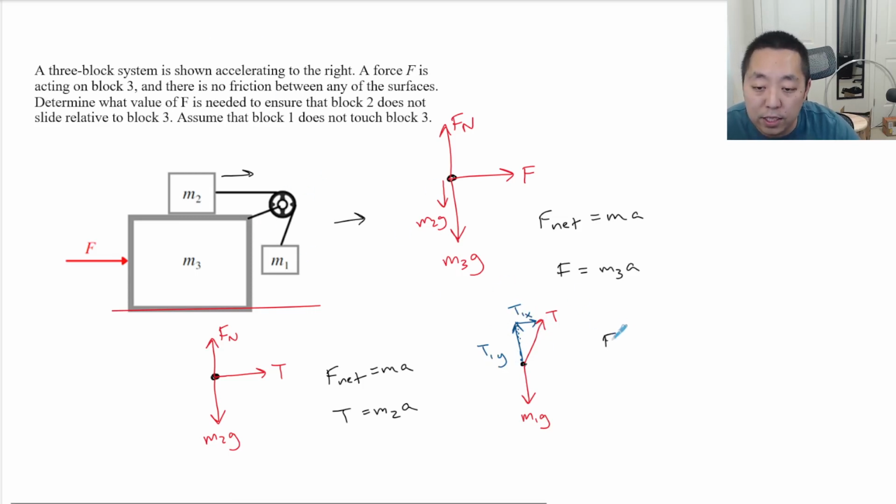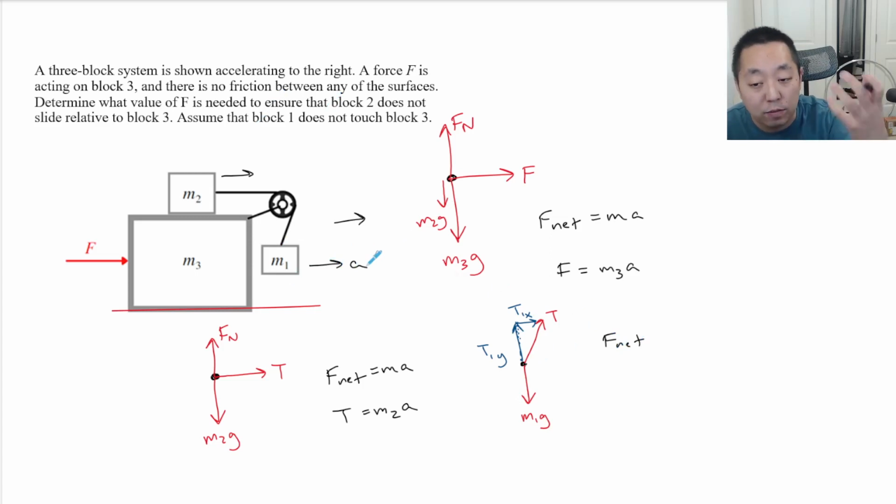Now which way is M1 accelerating? He's also accelerating to the right. He's not falling downward at all. So the net force for this guy is in the x direction. You'd have the T1 x component equals M1a.